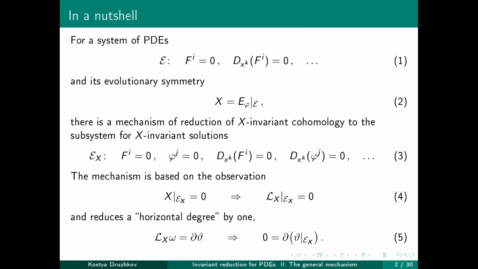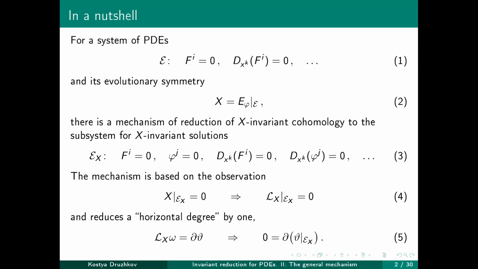And the reduction mechanism is based on the following simple observation: the evolutionary field vanishes on this system epsilon x. Actually, this condition is precisely the condition that we deal with invariant solutions. But this implies that the Lie derivative operator also vanishes on the invariant subsystem. That is why we can reduce something like horizontal degree by 1, and this reduction mechanism is given by formula 5.